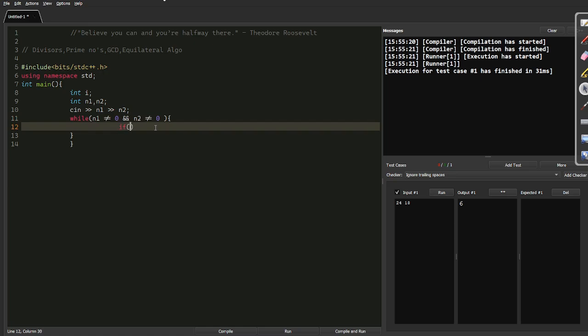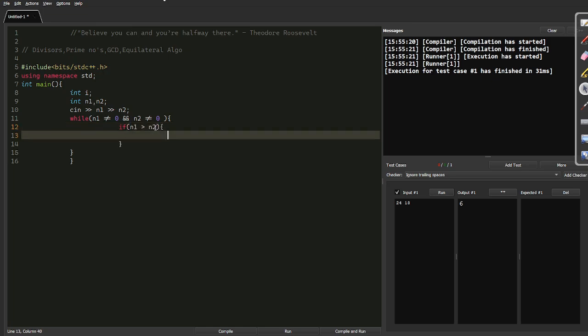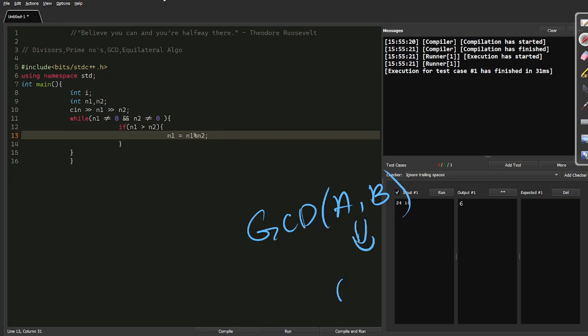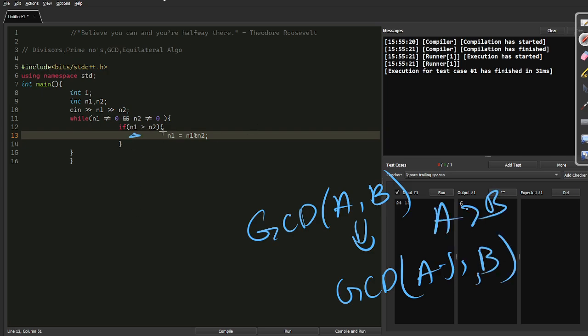If n1 is greater than n2, I go n1 equal to n1 mod n2. The reason I do this is because, as I told you, GCD of a comma b is equal to GCD of a mod b comma b, where a is greater than b. Here I am saying that n1 is greater than n2, therefore n1 becomes n1 mod n2.